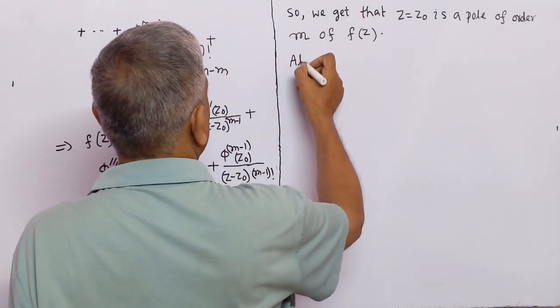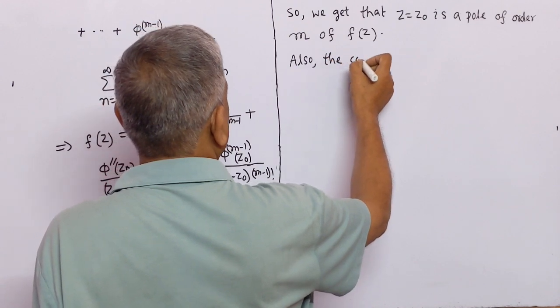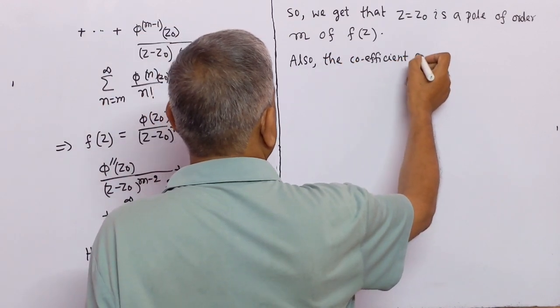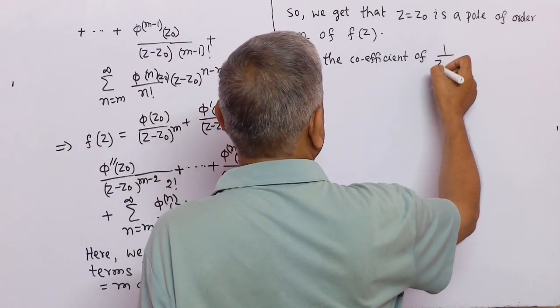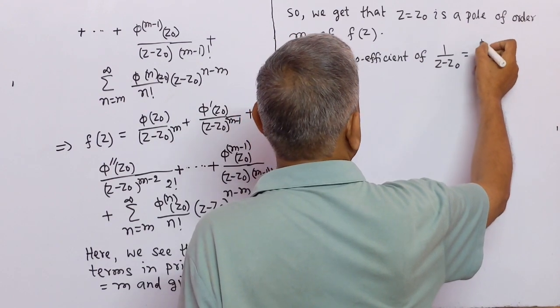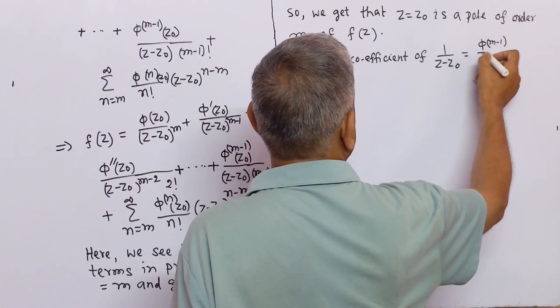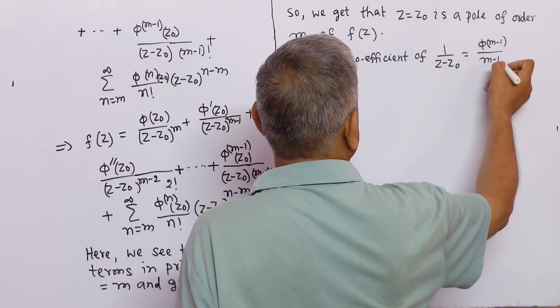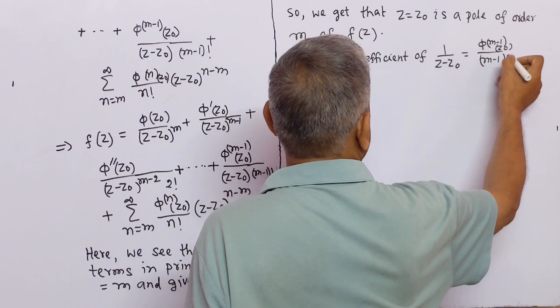Also, the coefficient of 1 by (z minus z naught) equals the (m minus 1)th order derivative of phi by factorial m minus 1.